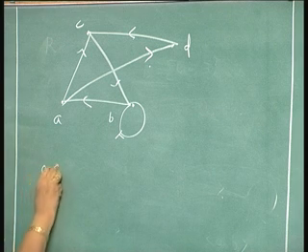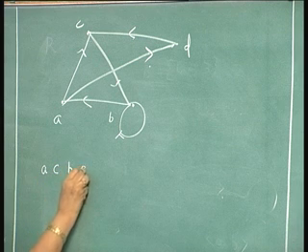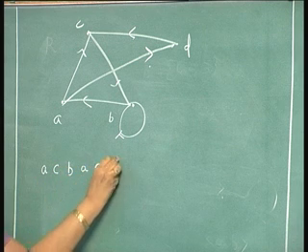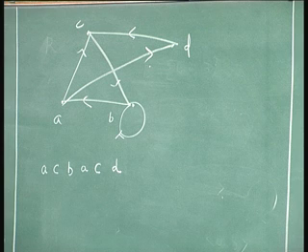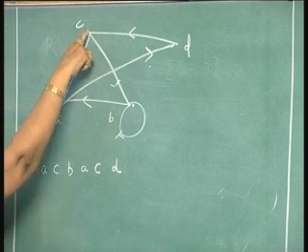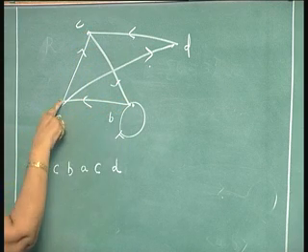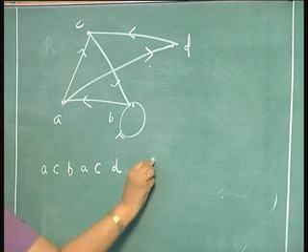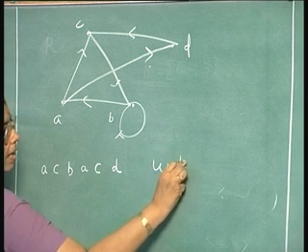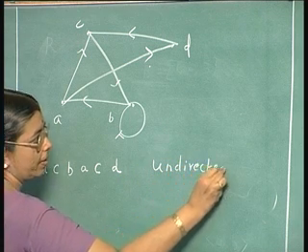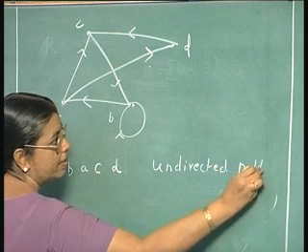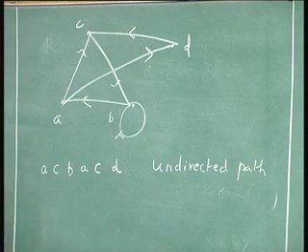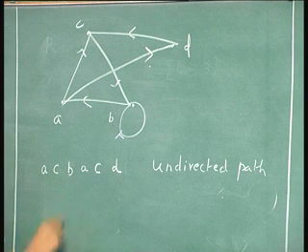A, C, B, A, C, D. Is this a path? It is a path. A, C, B, A, C, D is a path, but it is an undirected path. Because in the last step D to C it is not directed in the usual way, it is in the other way, it is directed from D to C.